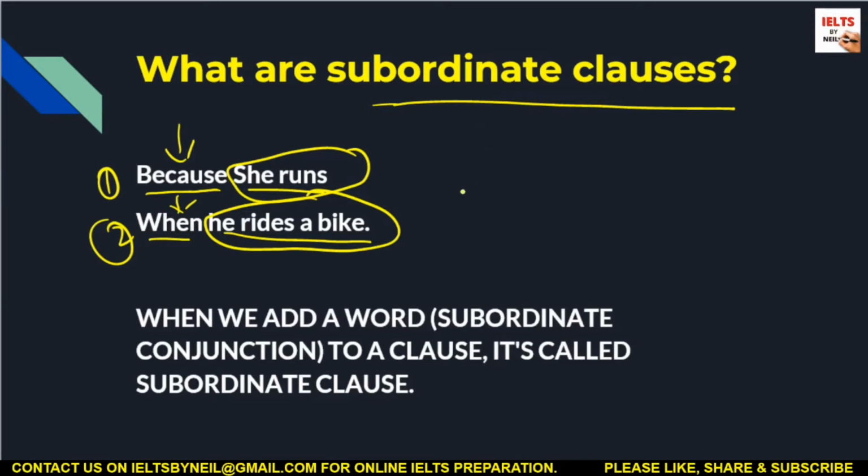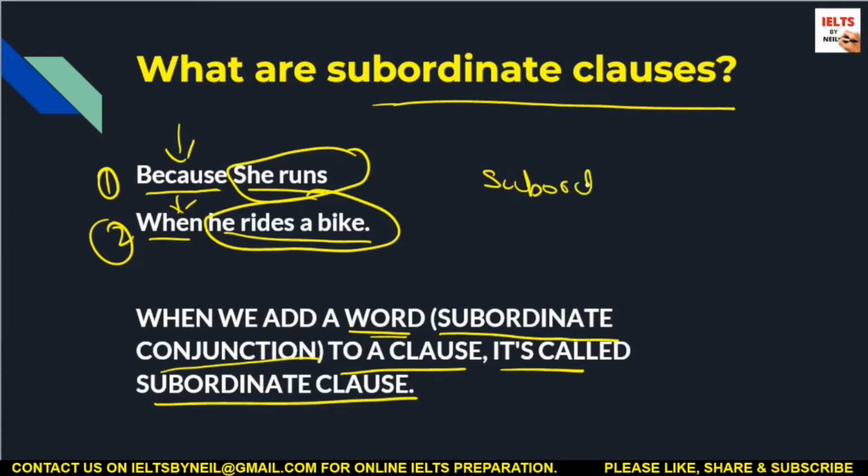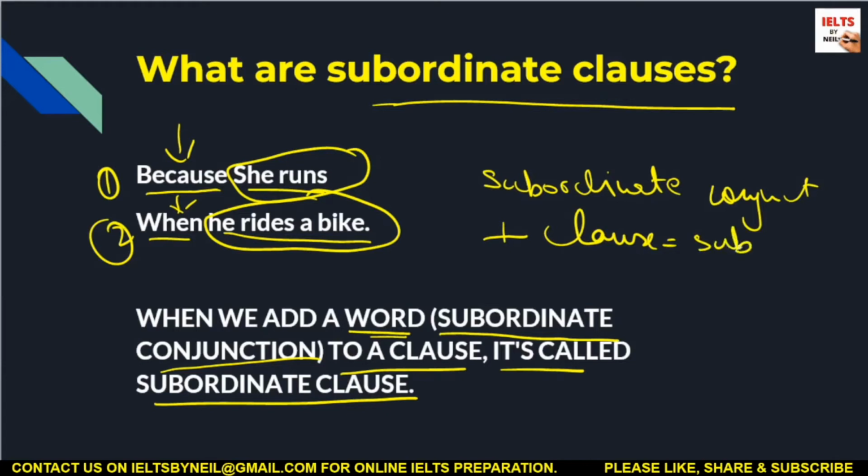If we add a subordinate conjunction to any clause, it's called a subordinate clause. So subordinate conjunction plus clause will be a subordinate clause.